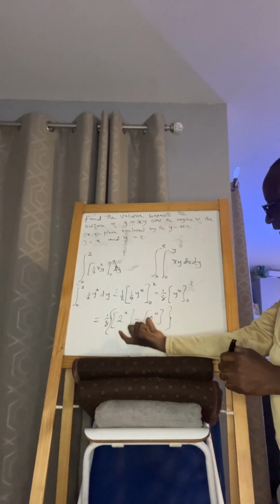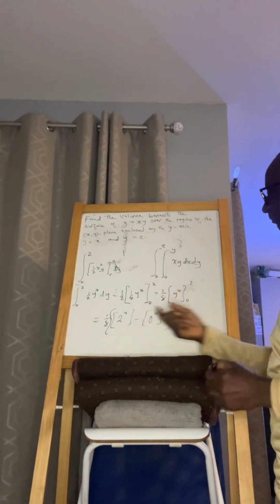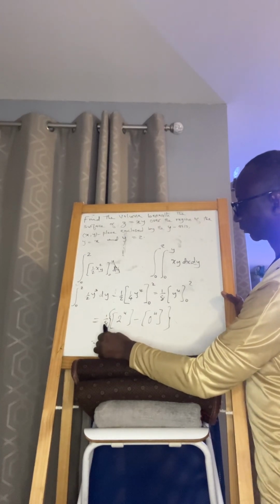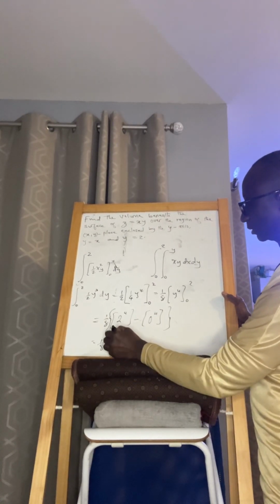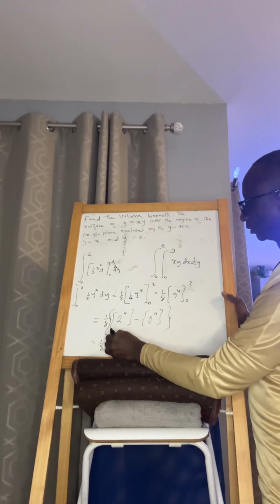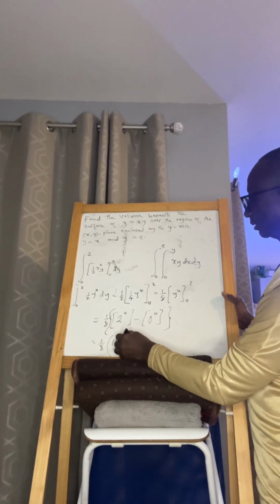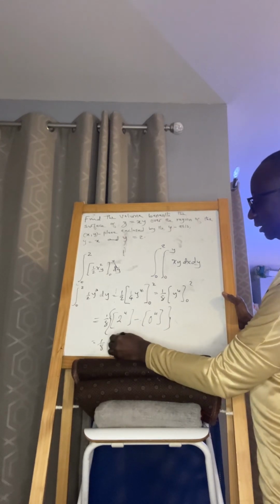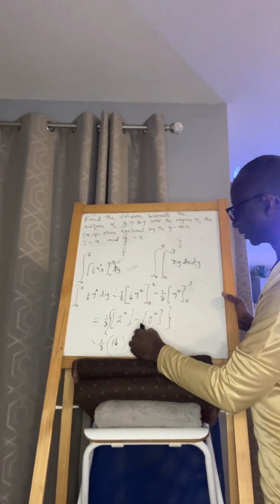So you still have your 1/8, 2 raised to the power of 4 is 16, minus 0. So this is 16 over 8, so your answer is 2.